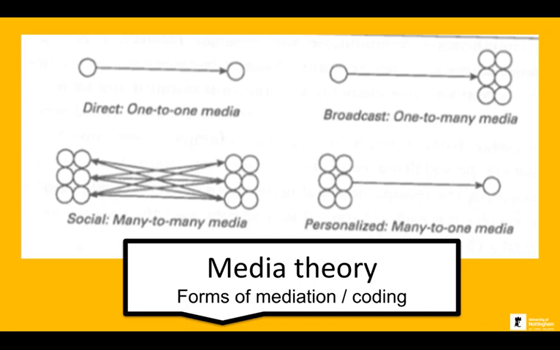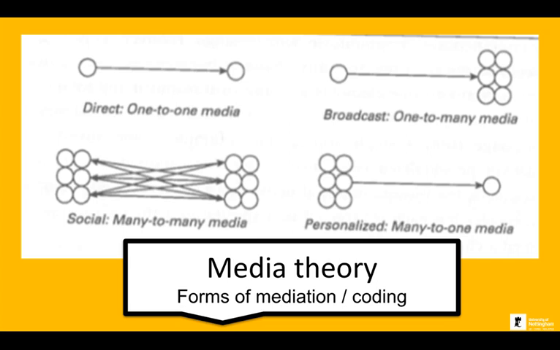So can we think of an example of a one-to-many media? Sorry? Mobile ads, how come? Yeah, so the example here is television, which is probably a better example, and hopefully it'll become clear why.